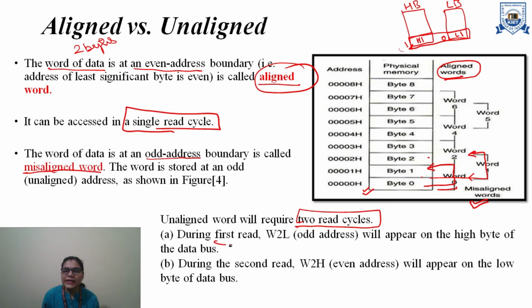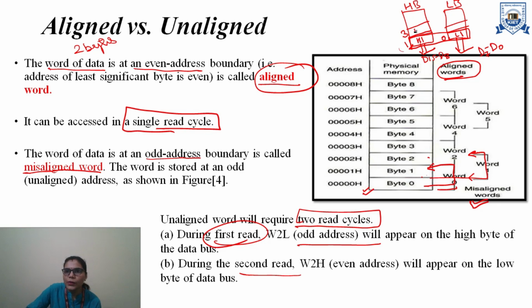In the first read cycle, the odd address will be read. The data from the odd bank will be placed on the higher data bus. And in the second read, the data from the even address will be placed on data buses D0 to D7. Suppose that data is stored from address 3.